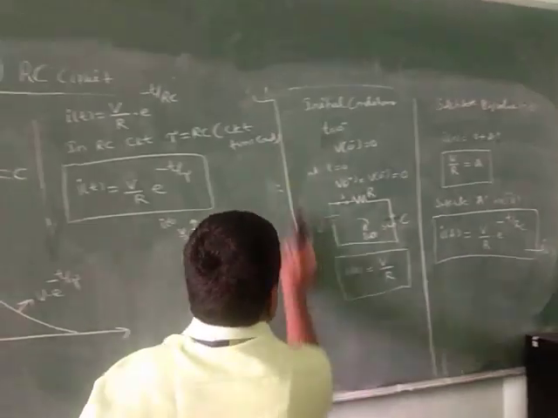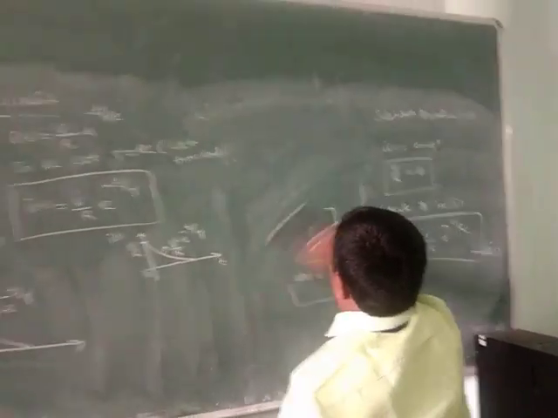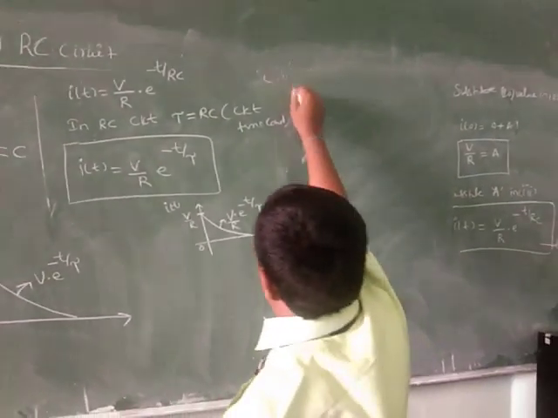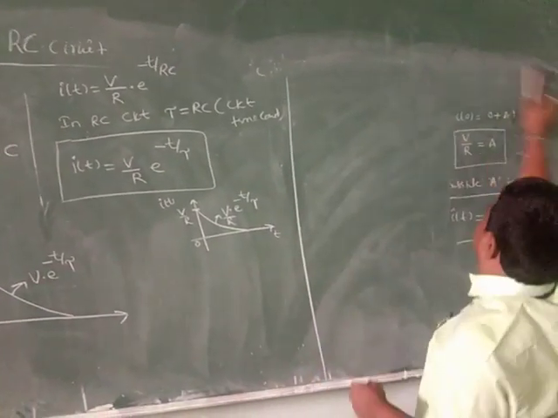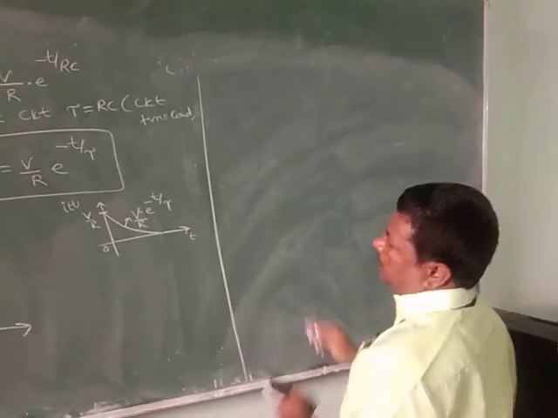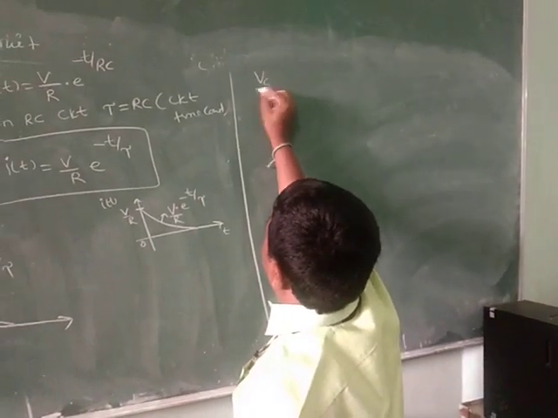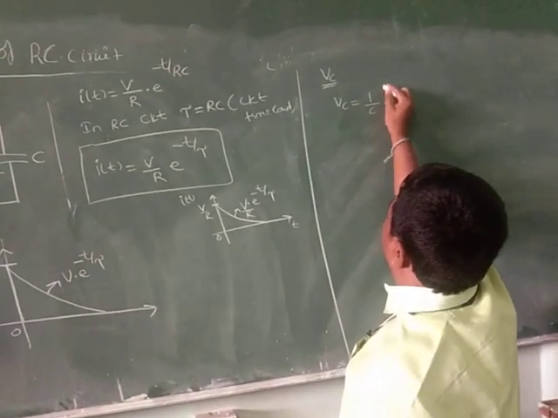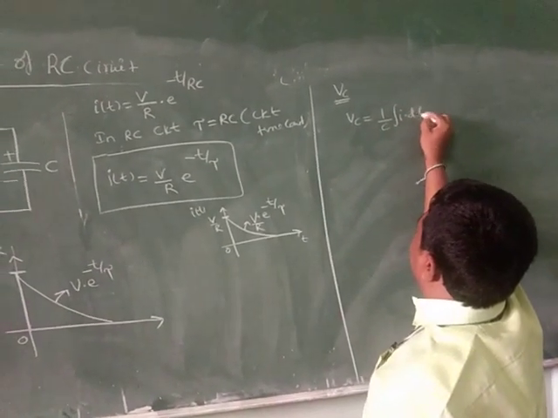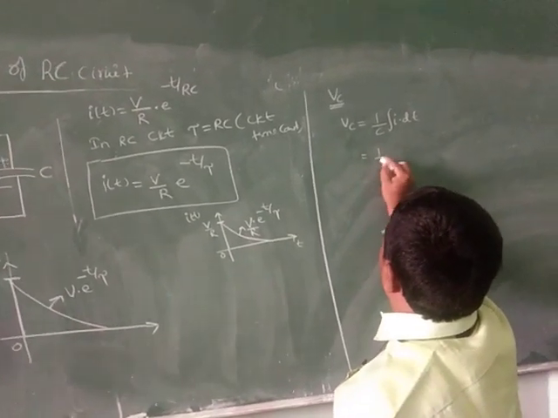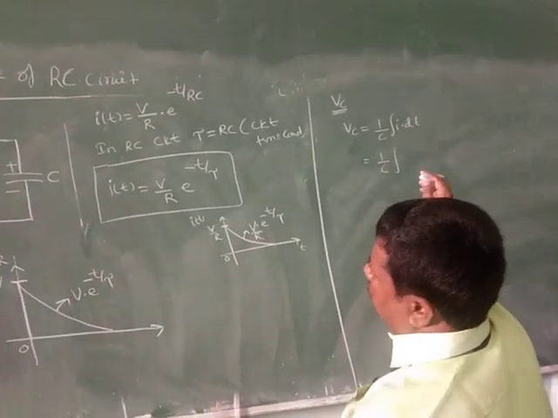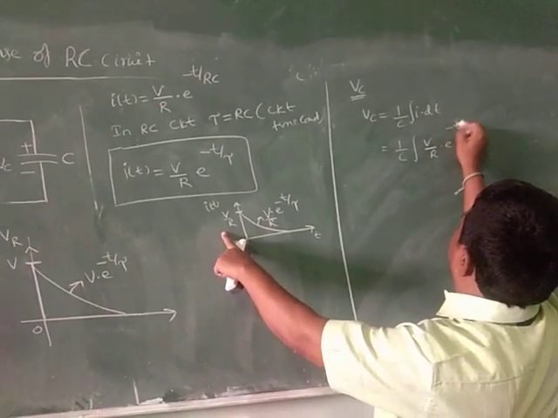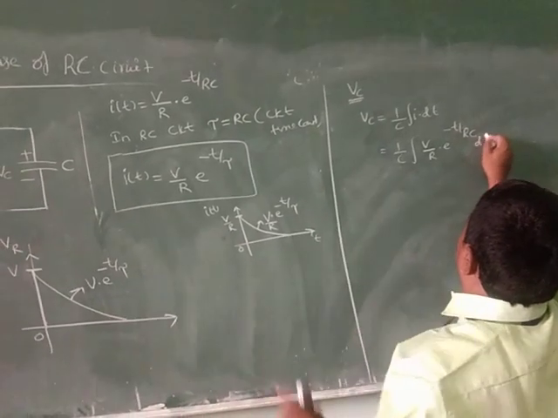Now the output expression, VC, the voltage drop across the capacitor. We know that VC is equal to 1 by C integral of I dt. That is 1 by C integral of V by R e power minus t by RC dt.